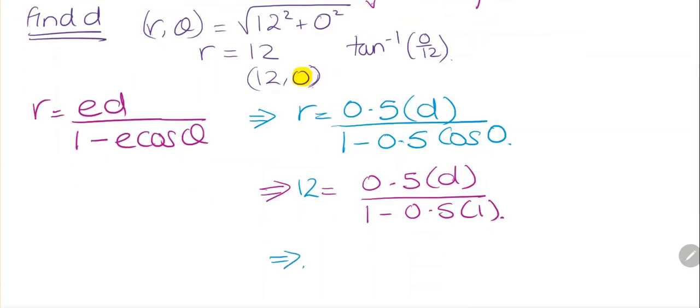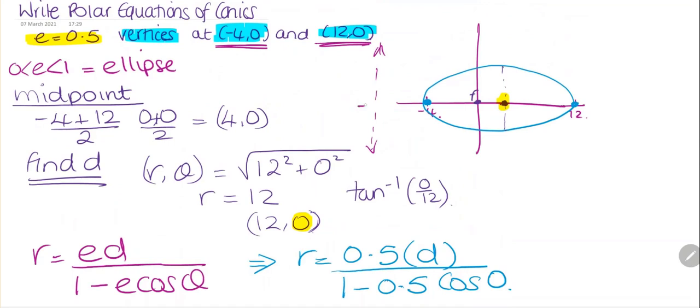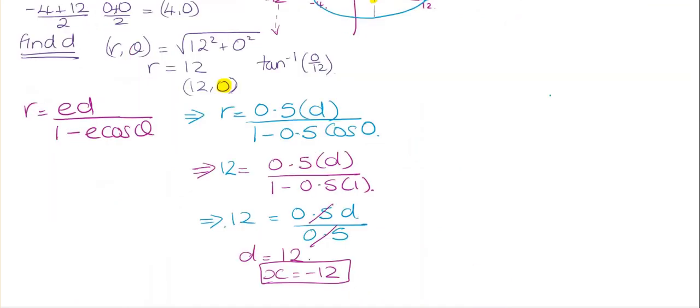And now if we simplify, 12 is equal to 0.5 d over, and 1 minus 0.5 is going to be 0.5. So our 0.5's cancel, and the directrix is 12. But it's negative, so this is going to be on the line x is equal to minus 12, which is going to be here.